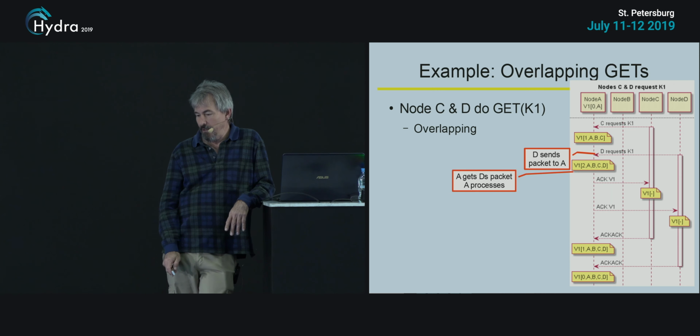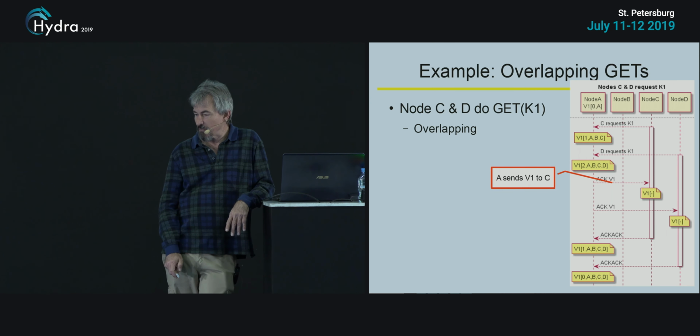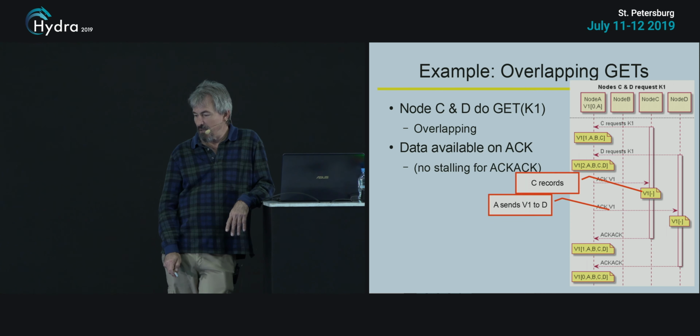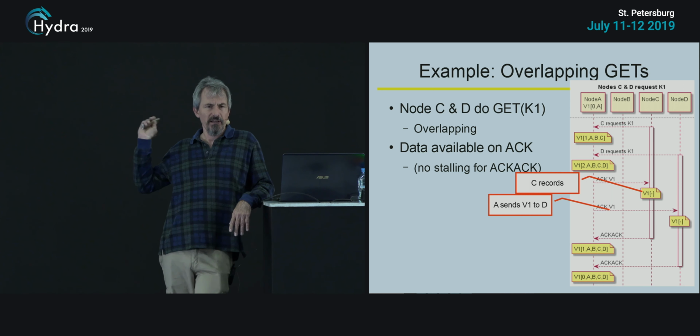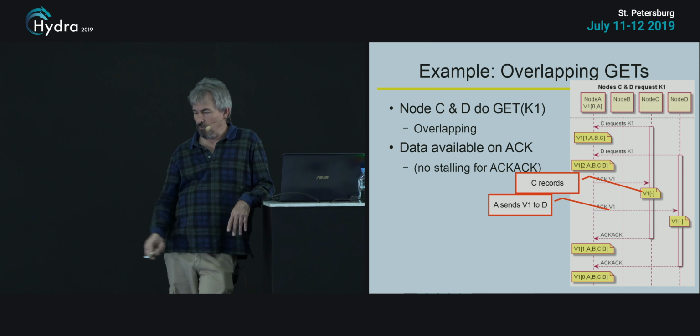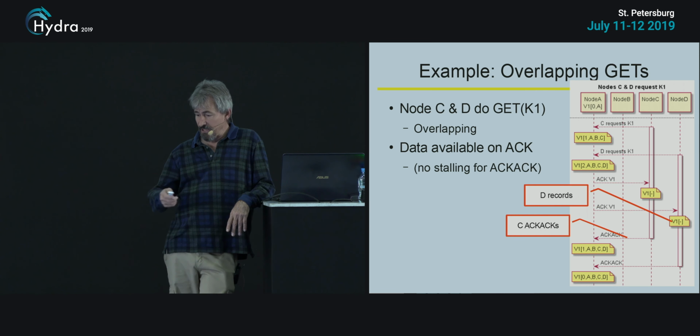And at some point, A can start sending packets back. There he goes. He sends a packet to C. C picks it up and begins recording it. Once C installs it, C can take off and go. He's not waiting for A or D, or he doesn't know anything about D at all. He just takes off and runs with the value he's got. And C eventually acks back. D's recording here.